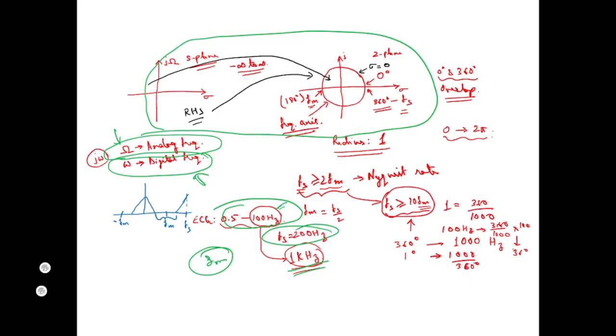Now, say for example the sampling frequency is 1 kilohertz. Where should your 100 hertz be? It's simple mathematics. 1000 hertz is at 360 degrees, so you apply unitary mathematics: your 100 hertz will be at 36 degrees.